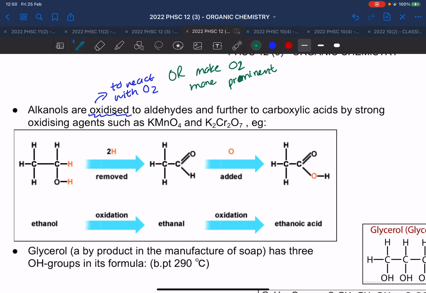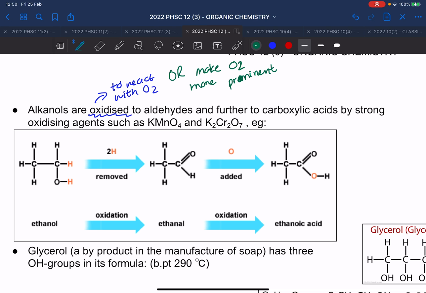Prominent means to highlight, or something that you see often. So what I mean here is either it reacts with oxygen, or so that oxygen is more highlighted. Oxygen you see more.